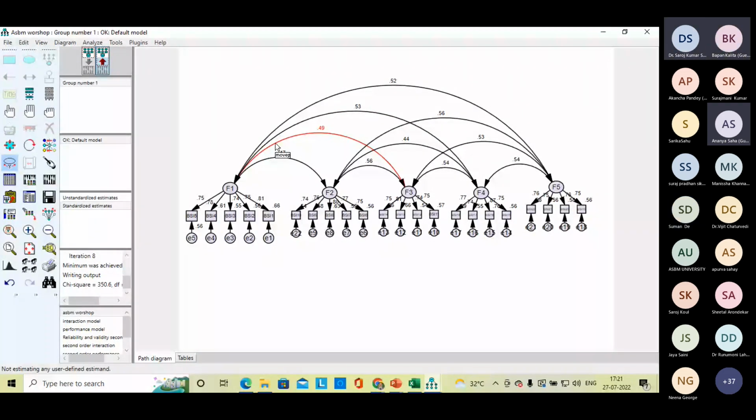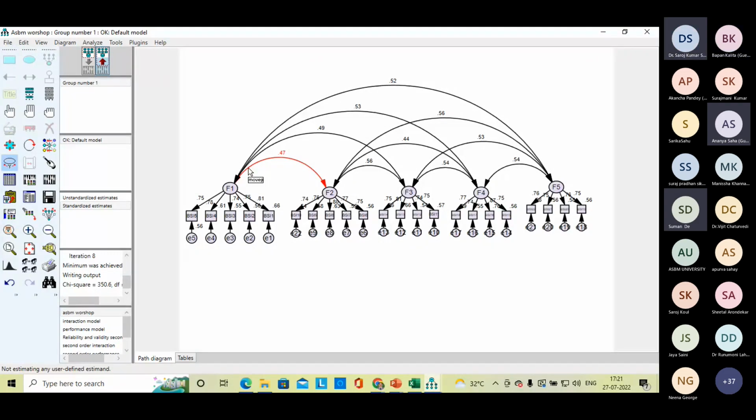Look at my screen, it is red highlighted. Got it? Now look at F1 to F2, 0.47. Clear? Yes, sir. So these are all covariance values or standardized correlation values.